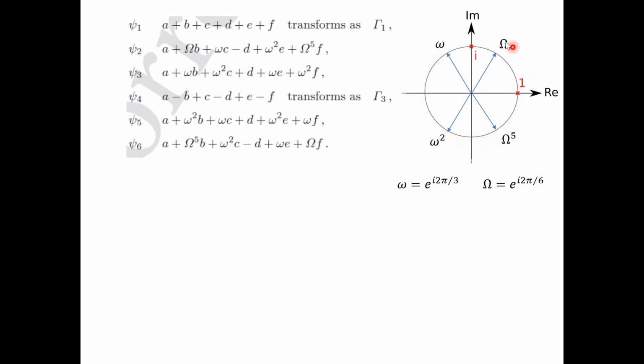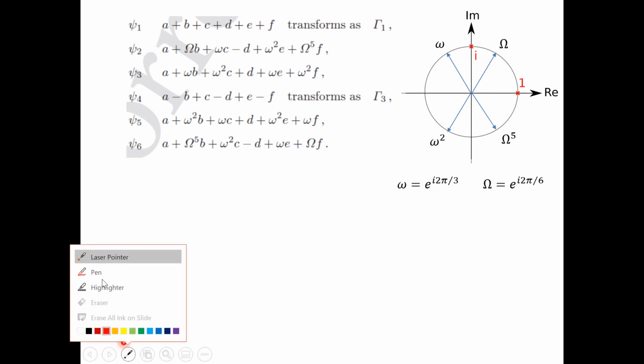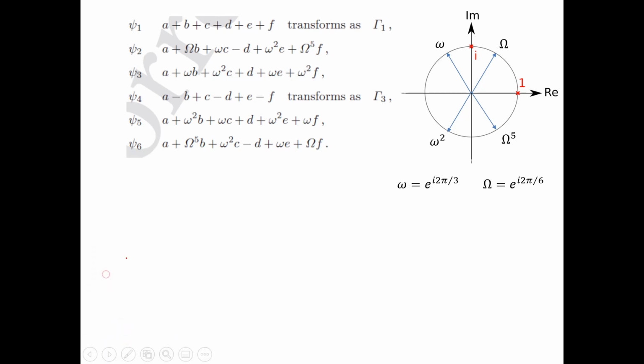You can see that this is the complex plane. You can imagine that there's a hexagon here with the different hydrogen atoms. I can try to draw this. I don't know if it's going to be very good, but this is what I'm talking about.